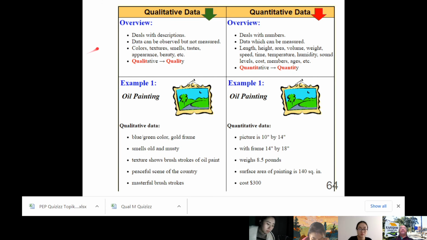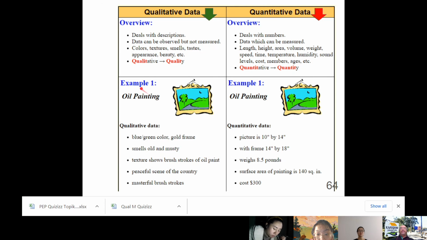It deals with things like colors, textures, smells, taste, appearance, beauty, and so on. If you say the car is very beautiful, you just say it's very beautiful. You cannot put a number, for example, it is grade 9 in terms of beauty. So you don't say that. In qualitative, it's just description of things.